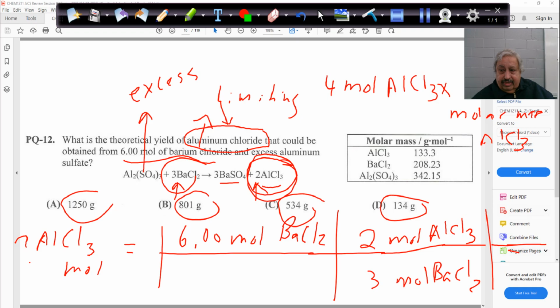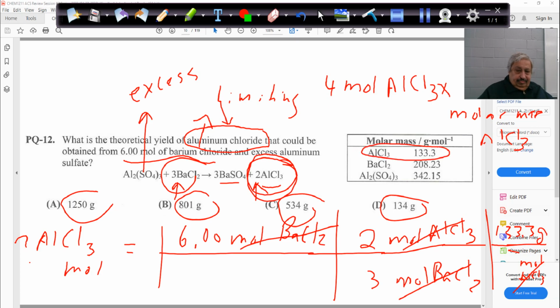So I take this one here, which is gram per mole, correct? So this one here is 133.3 grams per mole of AlCl3. So mole of barium chloride cancels out, and mole of aluminum chloride cancels with mole.